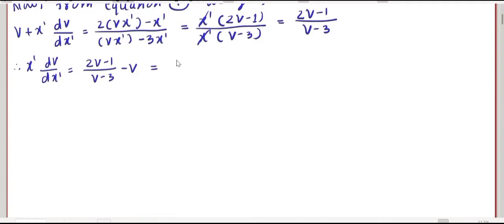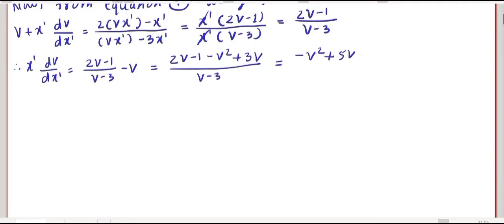Now simplify this: we get 2v minus 1 minus v square plus 3v divided by v minus 3, which is equal to minus v square plus 5v minus 1 divided by v minus 3. Now separate the variables.